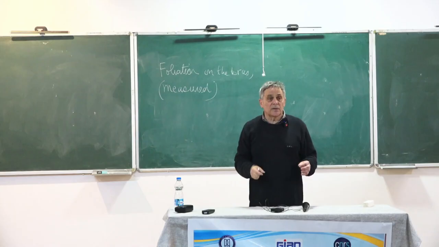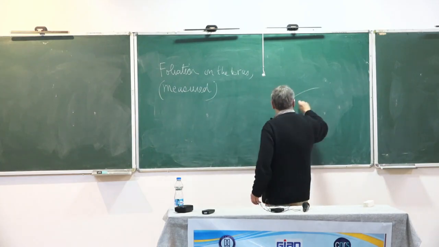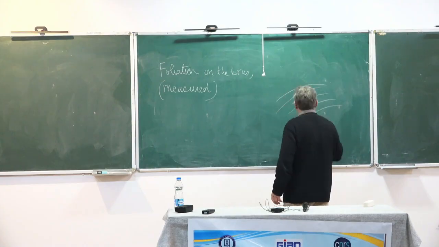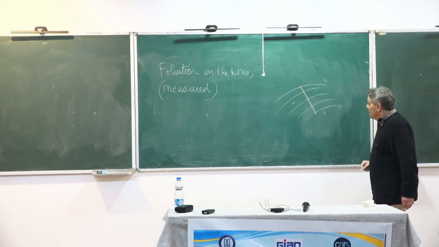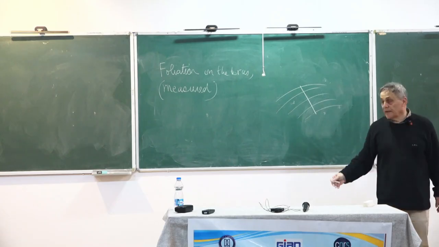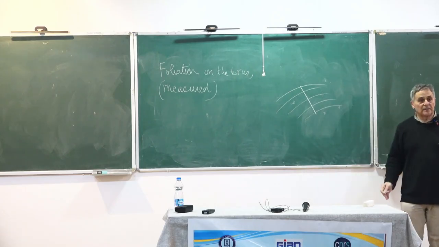A foliation where, so this is my foliation, and I have a transverse. On each transverse segment, I have a measure, a Lebesgue measure. My transverse segment is a measured space.